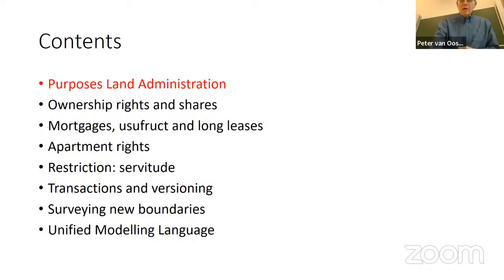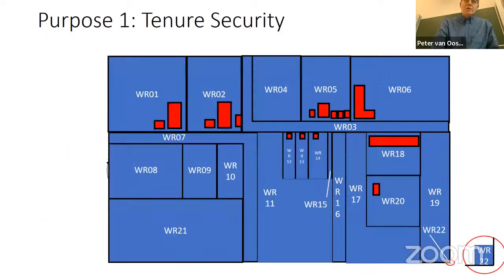First, what are we going to register in land administration? First of all, the tenure security, and that will also be the main focus of the lecture today. For that, we typically see parcels with parcel numbers, the blue things and the white numbers.